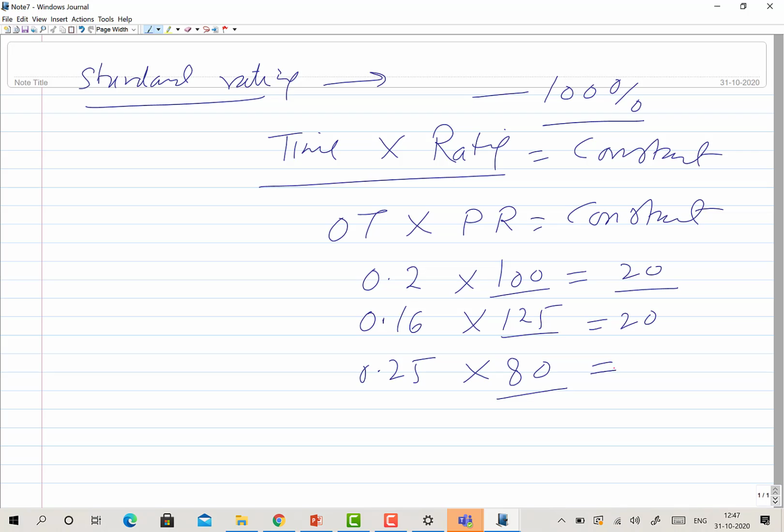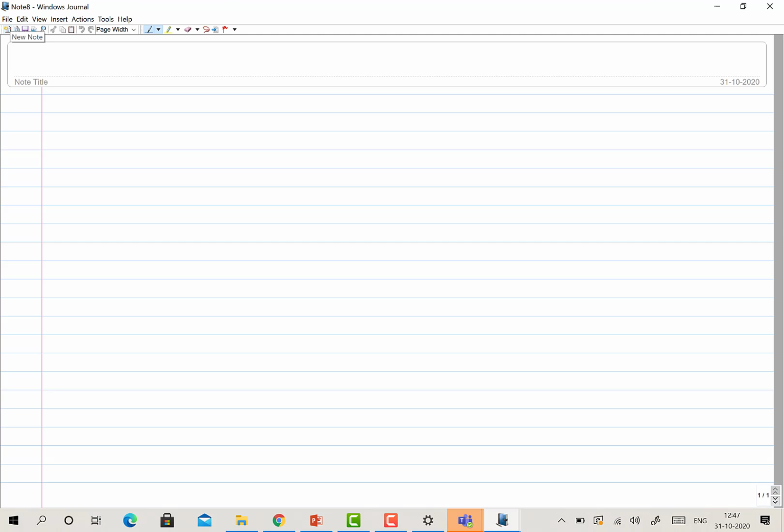So in that case also you will have 20. So this is how the observed time and the rating must be a constant under the best possible situation, when assessment is done perfectly by the time study man.